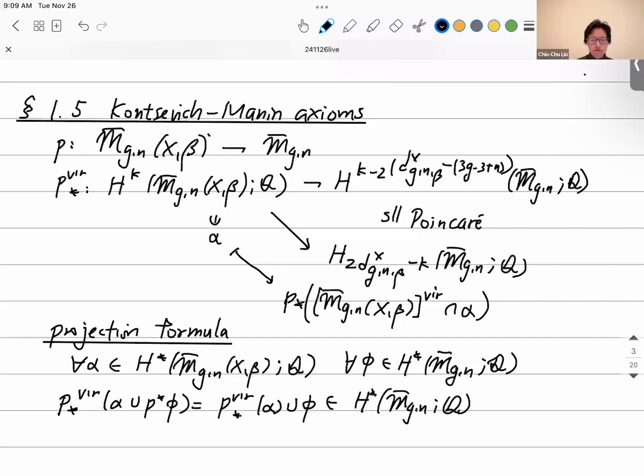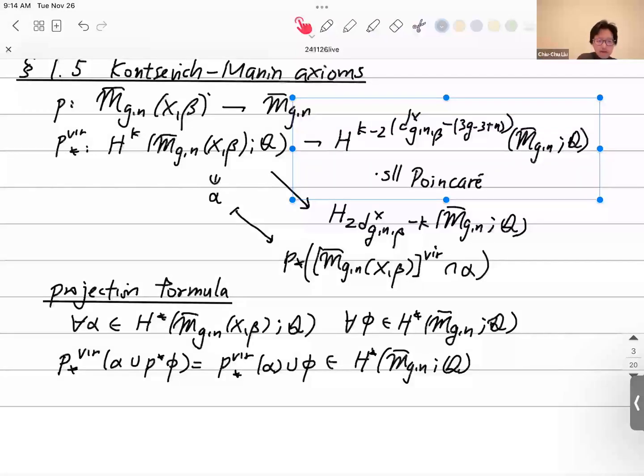And so the virtual push forward satisfies the projection formula. So recall that we have a map from M bar g,n of X, beta to M bar g,n, forgetting the map and stabilizing the domain. The virtual fundamental class on M bar g,n of X, beta actually gives us a virtual push forward from the cohomology of M bar g,n of X, beta to M bar g,n.